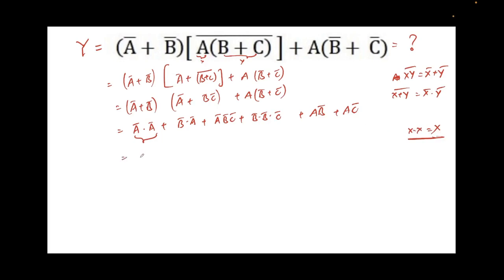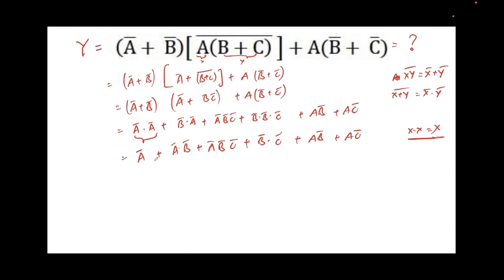Hence I can write A bar dot A bar equal to A bar. Plus, I'll just rearrange these terms for the sake of simplicity, plus A bar B bar C bar. Again, B bar dot B bar is B bar, so using this expression, this term will be nothing but B bar C bar, plus A B bar plus A C bar.